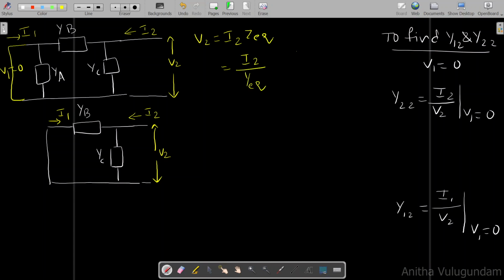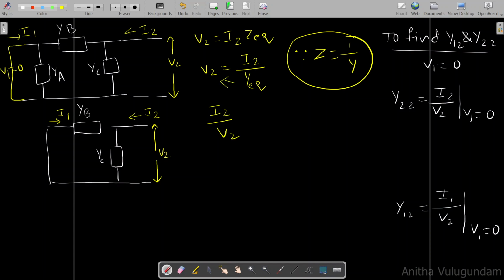So we can write V2 equal to I2 into Z equivalent, or I2 divided by Y equivalent, since impedance is equal to 1 by admittance. By rearranging the equation, we can write I2 divided by V2 as Y equivalent. According to the circuit, YB and YC are in parallel.